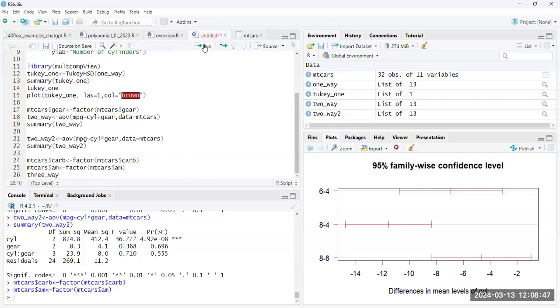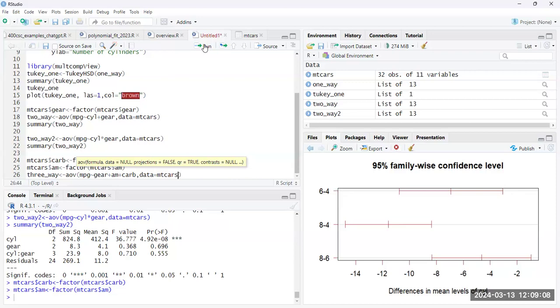And then let's try our three-way. MPG is being modeled by gear plus AM plus carb, and data is mtcars.